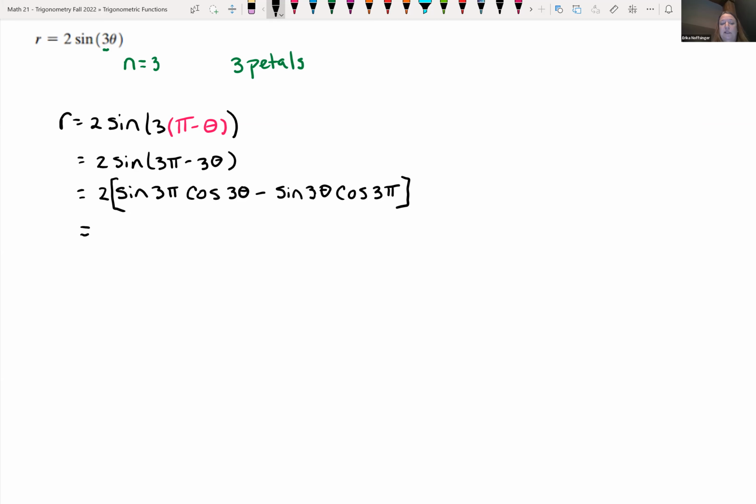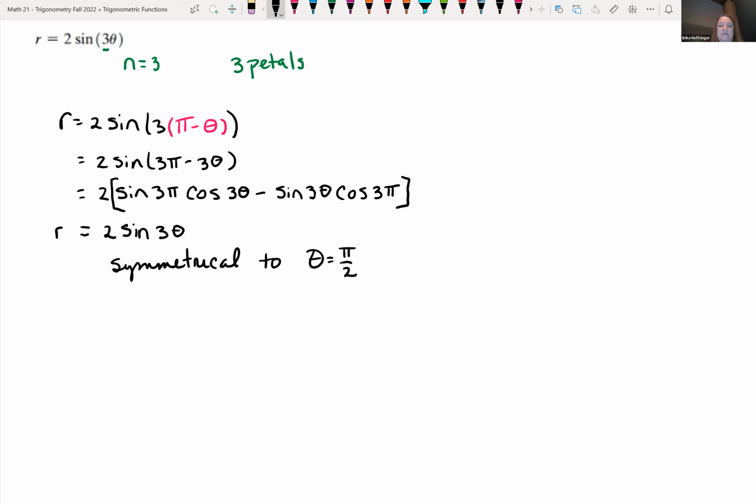So that would make that a plus sine of 3 theta. So this would give me 2 times positive sine of 3 theta, which is the same equation that we started with. And so we can see that this is symmetrical to theta equals pi halves.